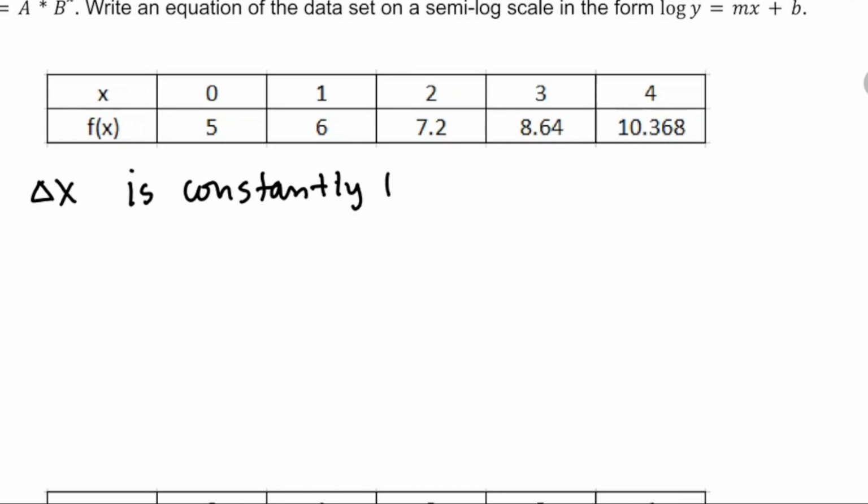I know that, I'm going on the calculator. I don't think you need to see me do this. 6 times 1.2, I know 6 times 12 is 72. That makes a lot of sense to me. I'm going to do 7.2 times 1.2 just to make sure I get 8.64. Yeah, okay. Delta x is constantly 1. Output values have a constant ratio of 1.2.